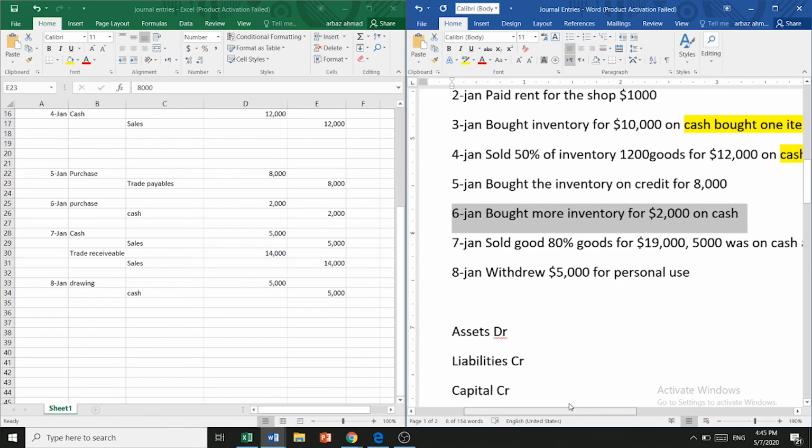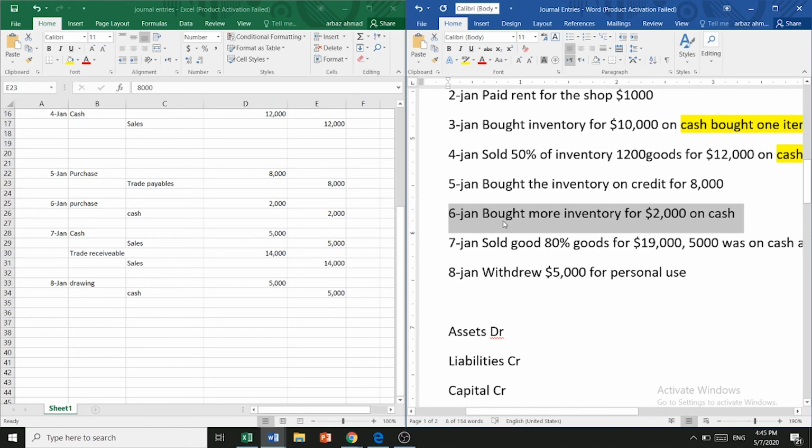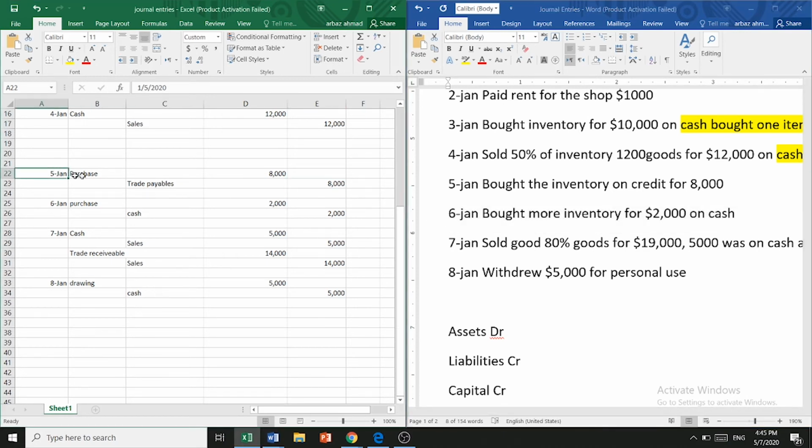So this is the next entry, we bought the goods on cash. So in this case you can see the difference between this entry and this entry. What happens if we buy on credit, our credit is going to be trade payable. If we are buying on cash, then it's going to be in the cash book.